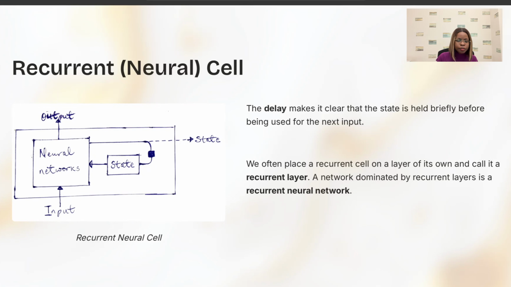Then the second input, this is what I gave as the output. Then the third input, it saves it again, the first information, the second, the third, and so on. We often place a recurrent cell on a layer of its own and call that layer a recurrent layer. A network dominated by recurrent layers is called a recurrent neural network.